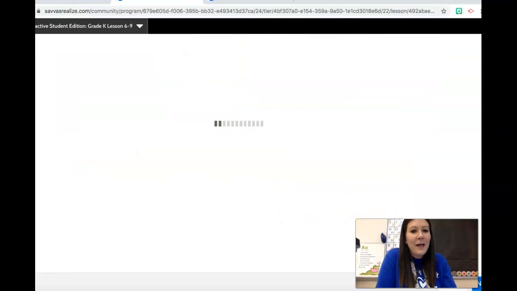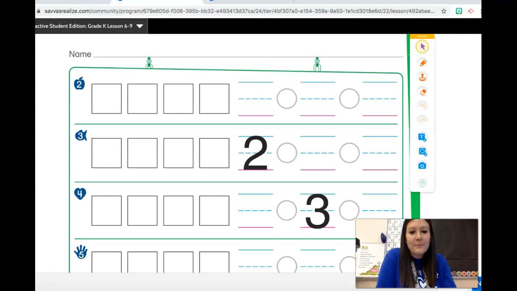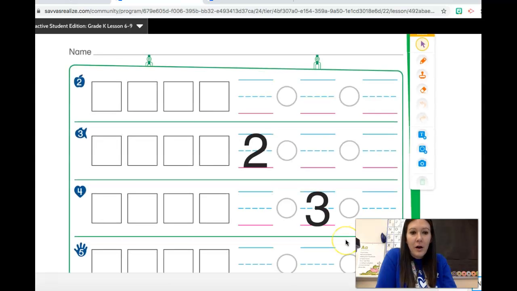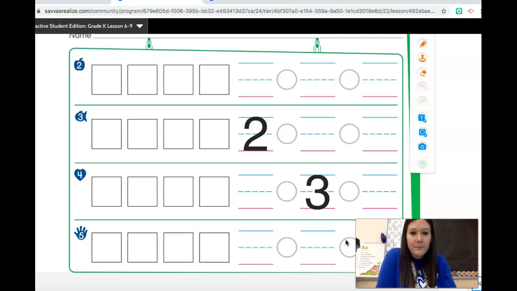Let's do some more together and look at some patterns. All right, here we go. Let's start with our blue crayon again. We're going to show different ways to make 4. We just did 4 and 0. This time, we're going to start with 3 blues.